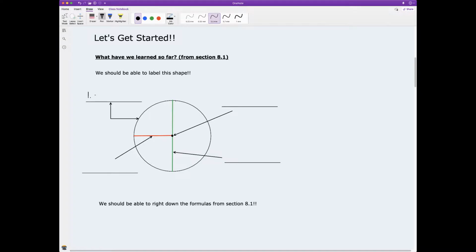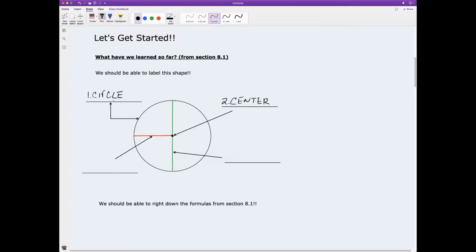Okay, what is this arrow pointing to? It looks like this round figure. Yes, it is called a circle. Number two, what is this point right here? That's correct, this is called the center of the circle.